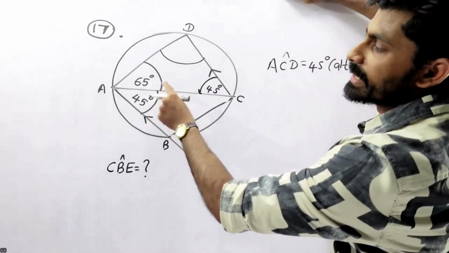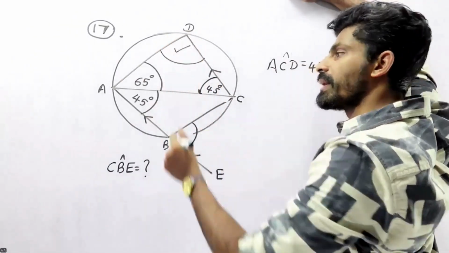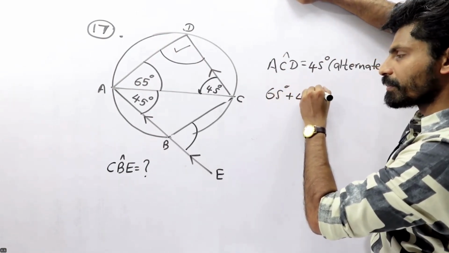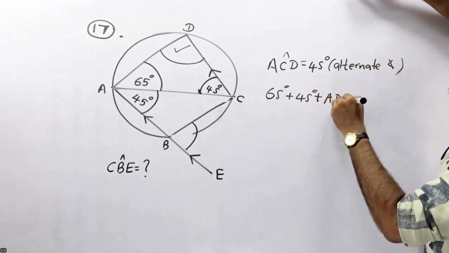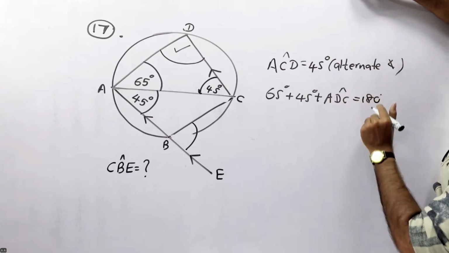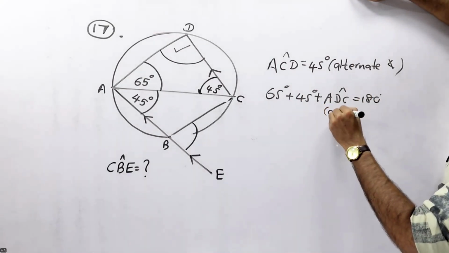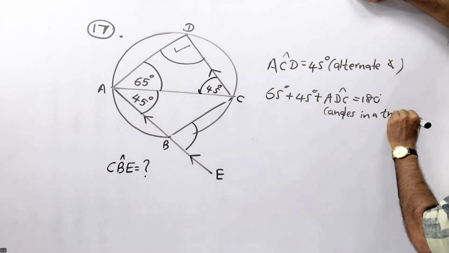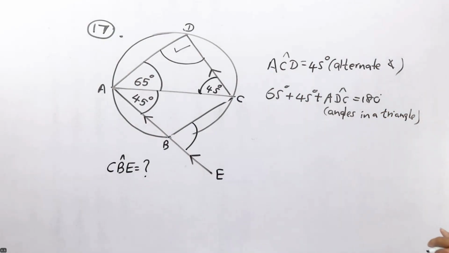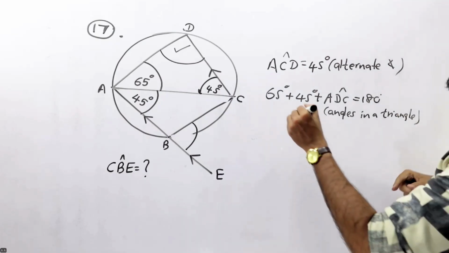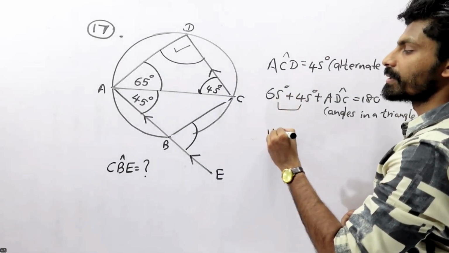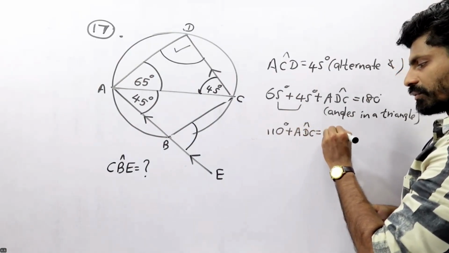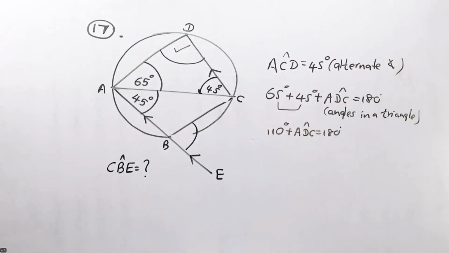Then we can find the value of this one: 65 plus 45 plus ADC equals 180, angles in a triangle. 65 plus 45 is 110, plus ADC equals 180.